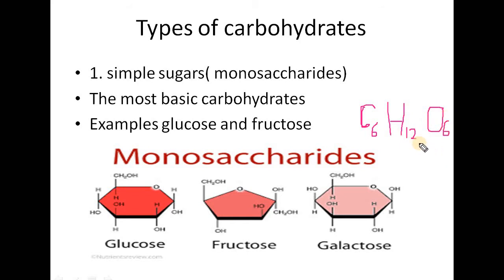Okay, this is the chemical formula for all simple sugars. So they are different in what? They are different in their structural formula, and how these atoms are arranged in the molecule. This is how they are different from each other, but all of them have the same number of atoms and the same chemical formula, which is C6H12O6.